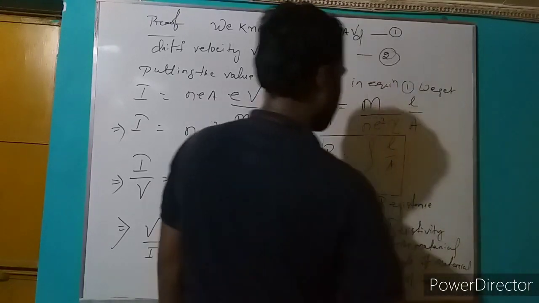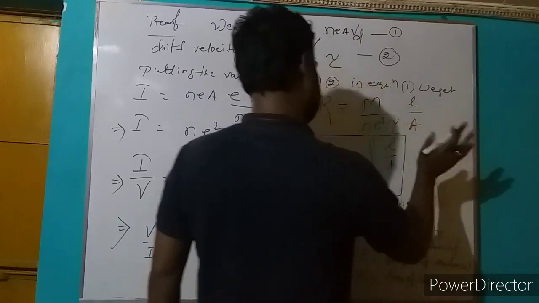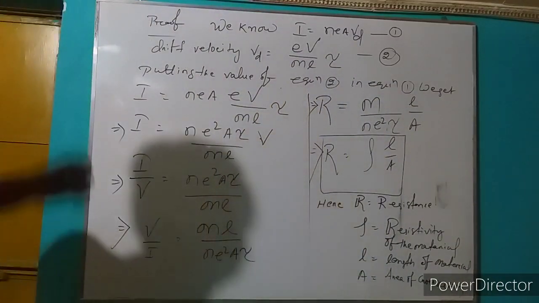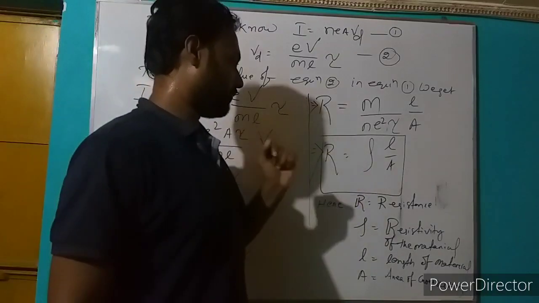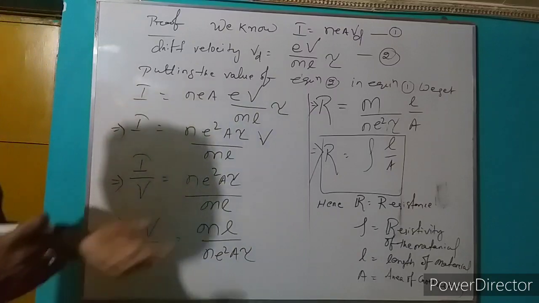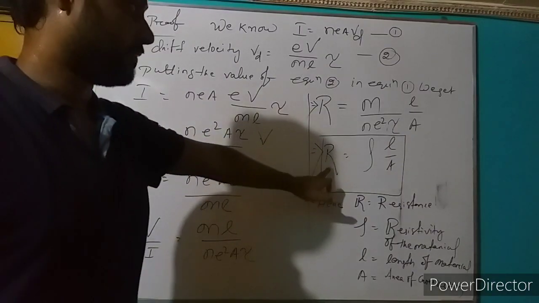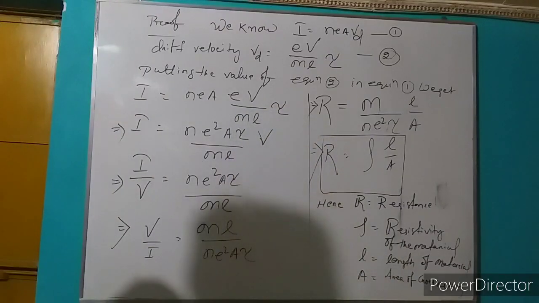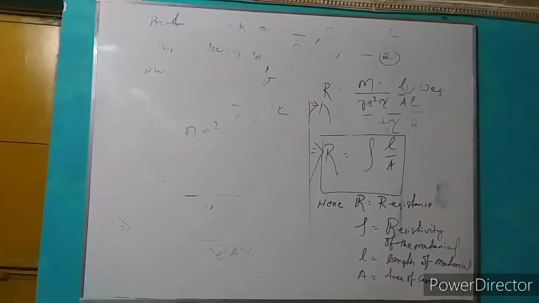Clear? Area of cross section. R is the resistance. Please note it. I'll erase that thing. After that I will discuss the basic condition of R, rho, L, A. Please note it quickly.